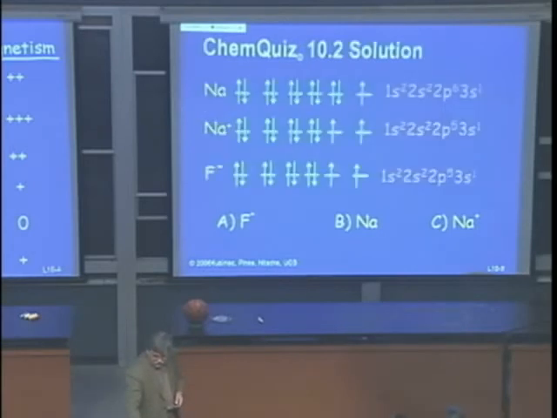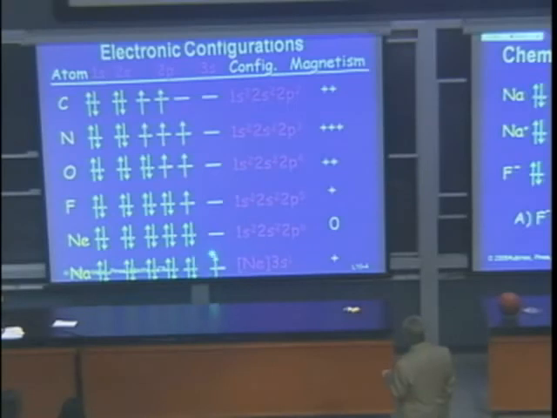The next one would be sodium plus. If we take one out of here, we have 2s2, 2p5, 3s1. Yes, sodium plus is an answer. If we have fluoride, we add one here. We could add it here, because it's an excited state, not a ground state level. Nothing speaks against adding it here.